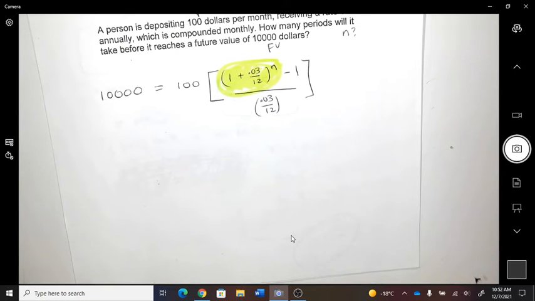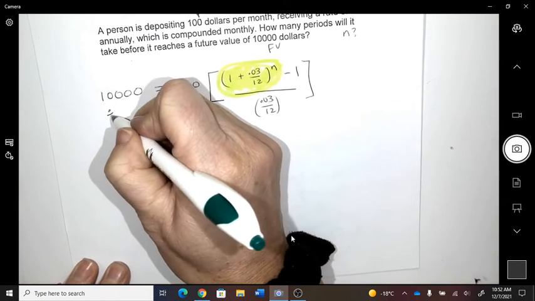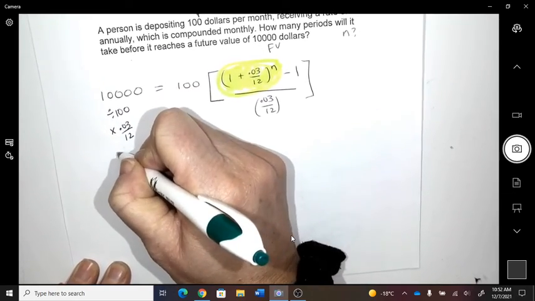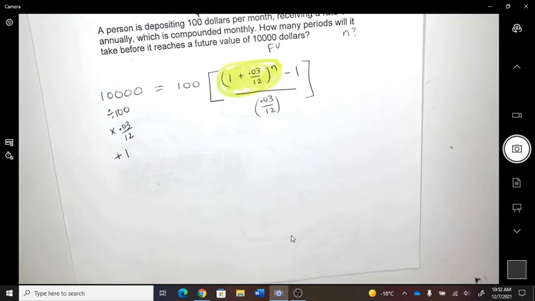So I'm going to do all these things. I'm going to be dividing by 100 and timesing by the fraction and then adding 1.